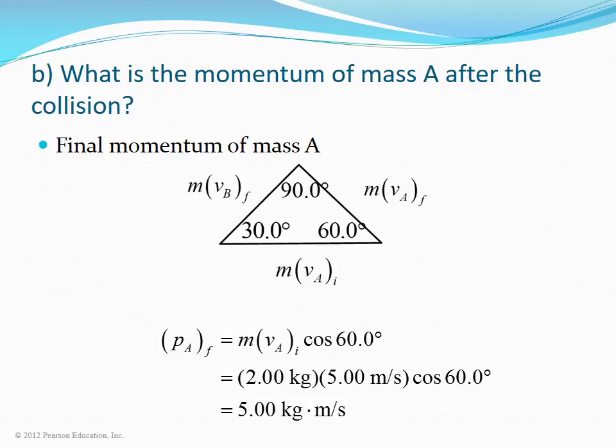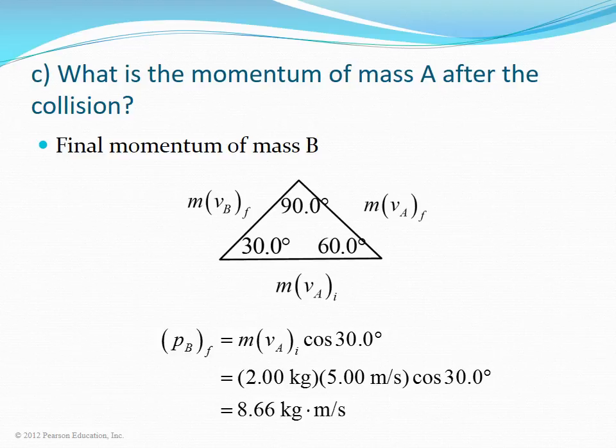The final momentum of mass A is therefore 5.00 kilograms meters per second. To solve for the final momentum of mass B, we again use the properties of the right triangle.